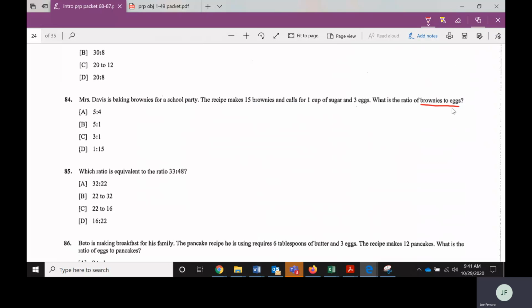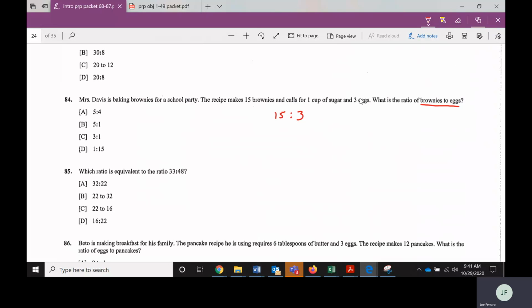Okay, so brownies to eggs. What ends up happening is we don't need this number 1 here. That's about sugar. We want what goes together for brownies and eggs. When we have 15 brownies, we are going to use 3 eggs.